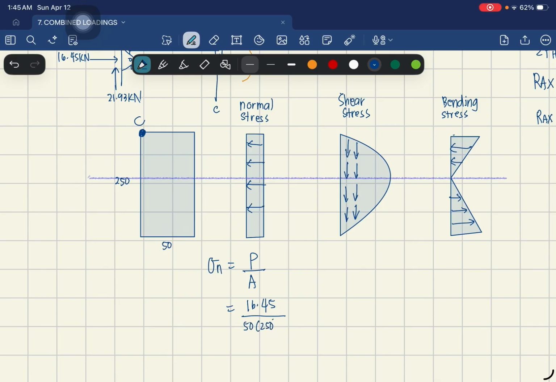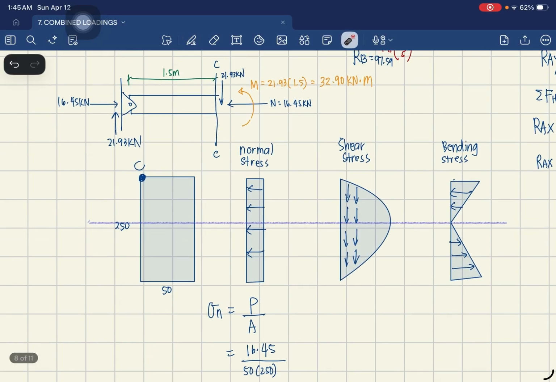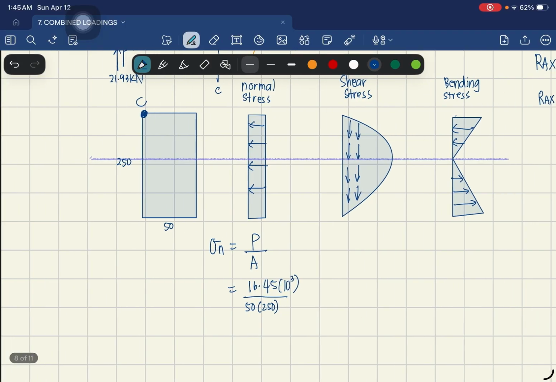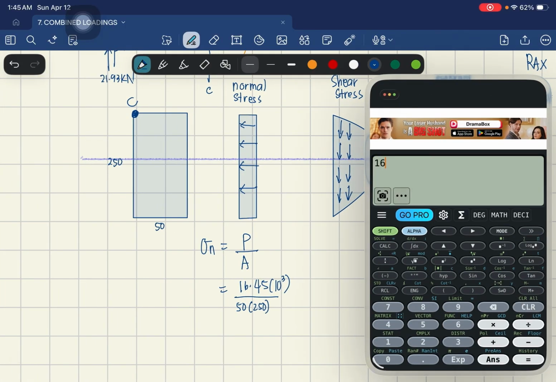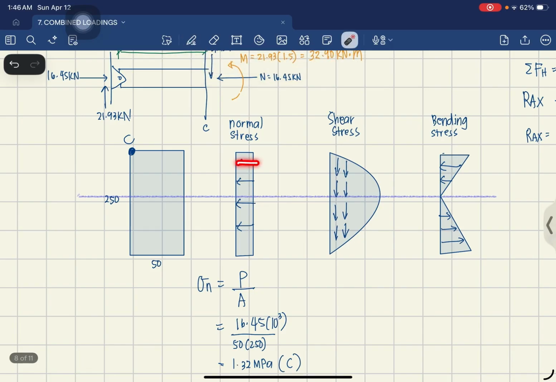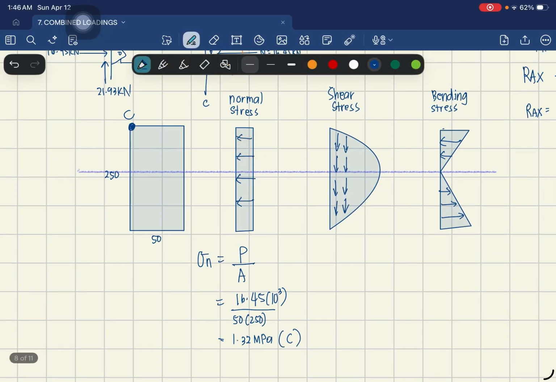So, 50 times 250. Since naka kilonewton yung unit nito, kailangan natin siya i-multiply sa times 10 raised to 3 para maging MPa yung makukuha nating unit. 16.45 times 10 raised to 3 over 50 times 250. So, 1.32 MPa yung normal stress na nag-a-act in compression. Kasi nga, paloob po yung force natin. So, ito yung force. So, compression, negative po yung sign natin.